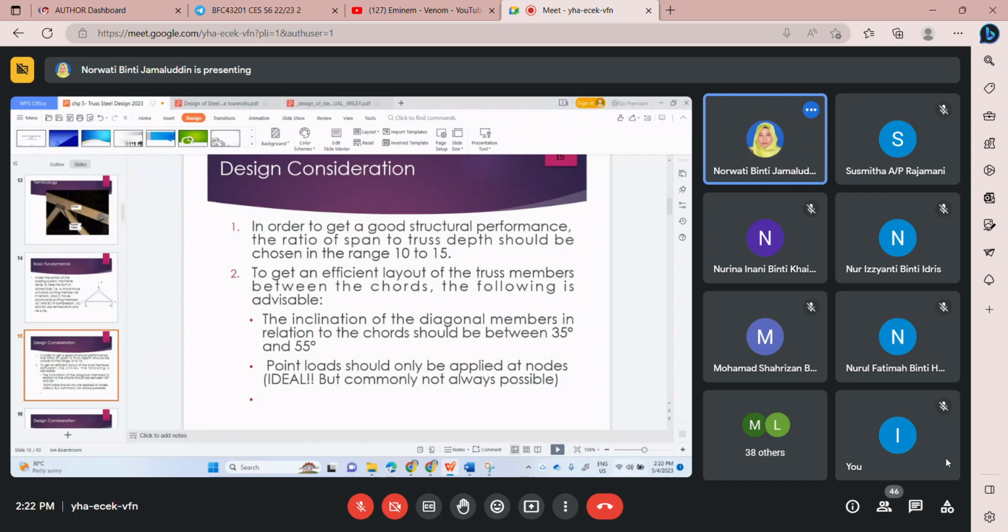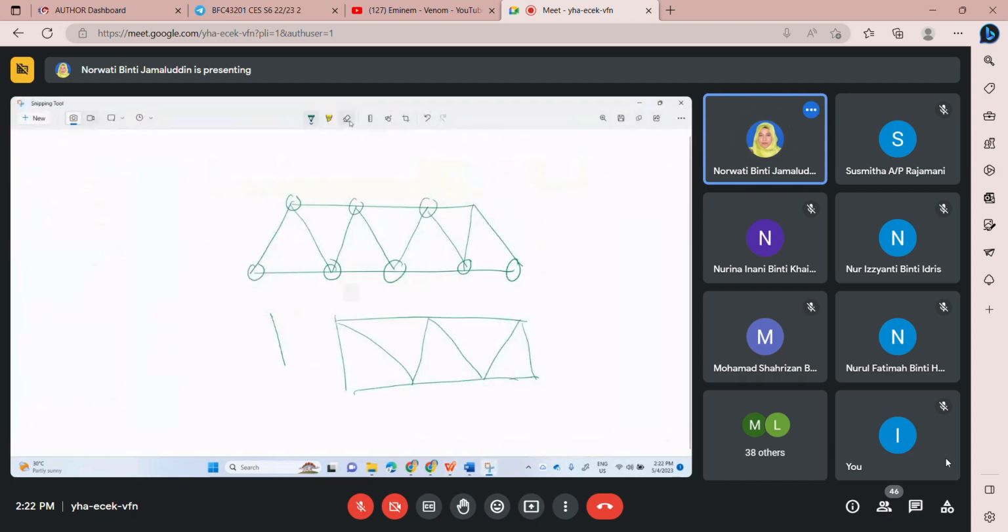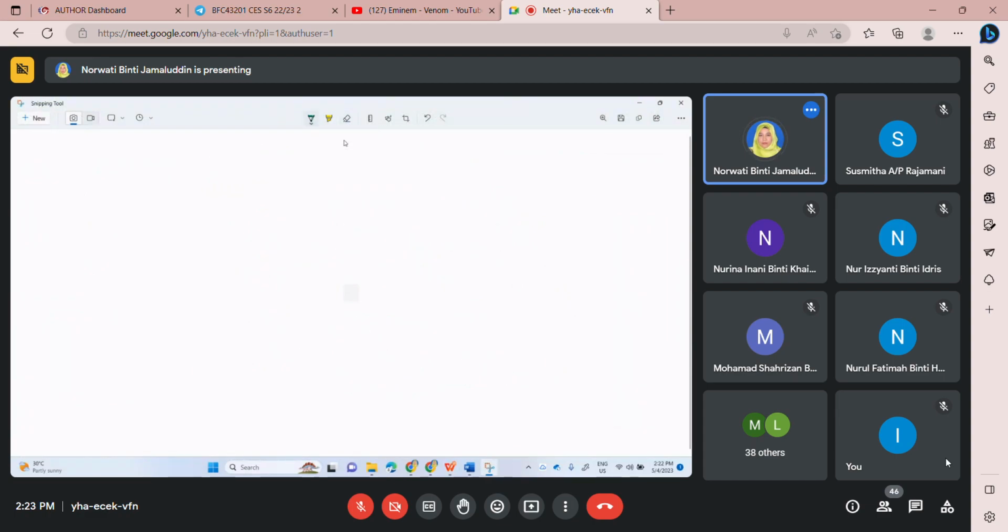I'll show you in a bit. Let's say you have a truss with a span of maybe 20, make it 30 meters, a long truss.